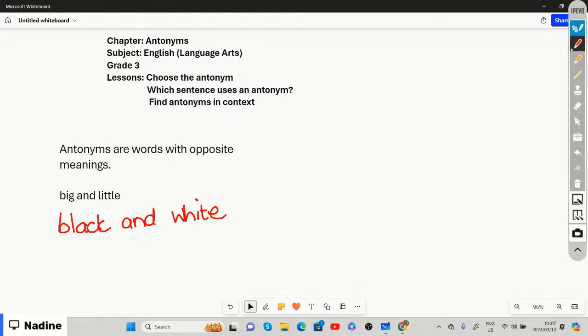So we are basically choosing the antonyms. Big and little, it's like the opposites. The opposite is also in color, right? I either have a black top or a white top.